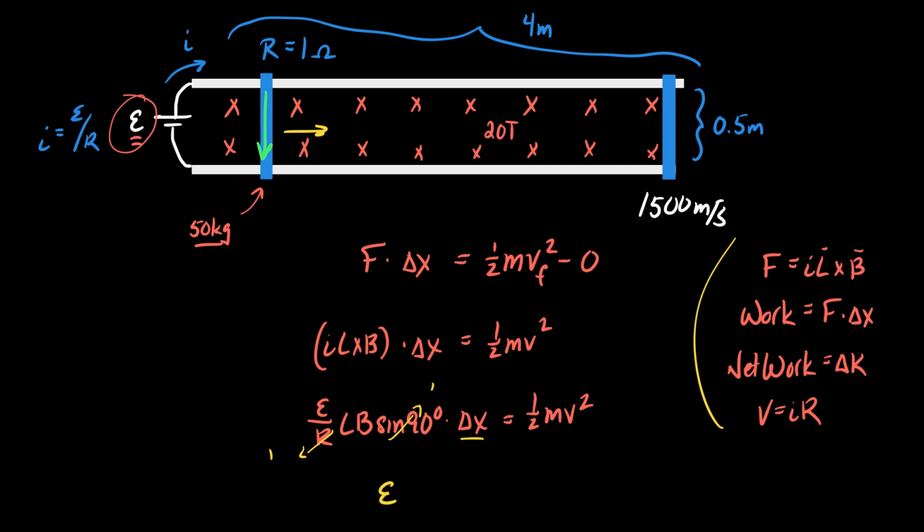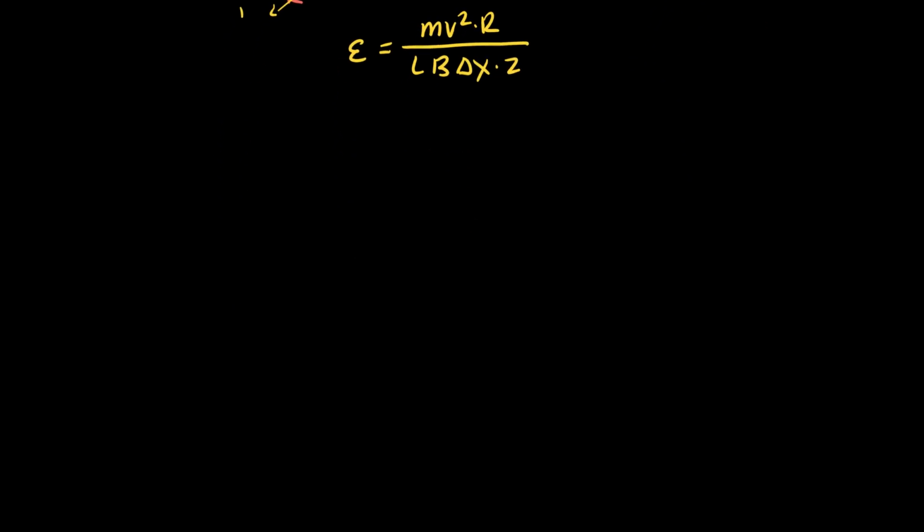I think we can solve this for the EMF. So the EMF will equal m v squared times R all over L B delta x. Oh, 2. Let's put the 2 there. Well, let's see. I think we're looking at something that's going to be bigger than 750.